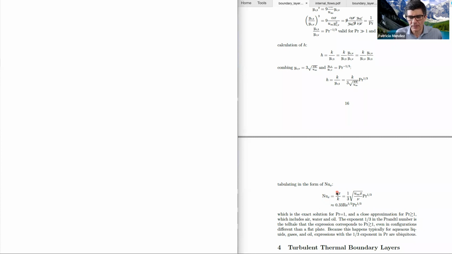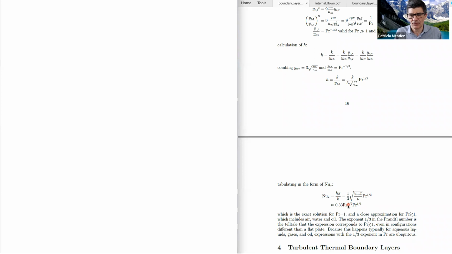So here, really, what we care about is h. It's a coefficient times Reynolds to the something, typically Reynolds to the 1/2 in laminar flows, and Prandtl to the 1/3 for the case of air, water, and oil. In the case of molten metals, typically this is Prandtl to the 1/2.